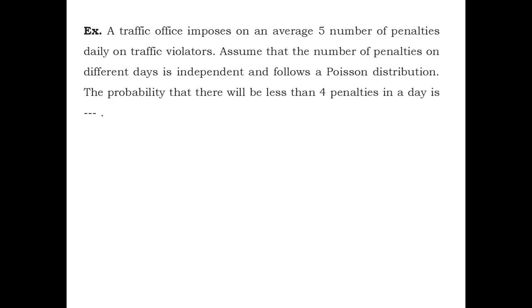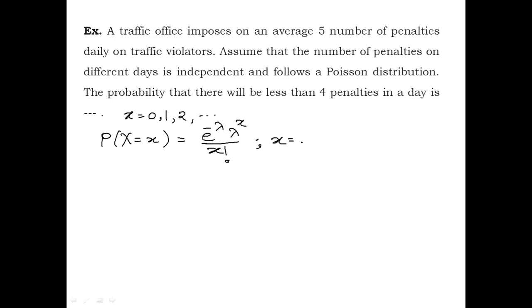So the values of this Poisson random variable are starting from 0. So the values are x is equal to 0, 1, 2, 3 like that. And probability that the random variable x takes particular value small x is equal to e to the power minus lambda, lambda to the power x upon x factorial. This is the formula, lambda or m, whatever.